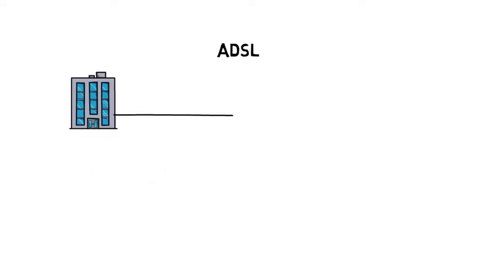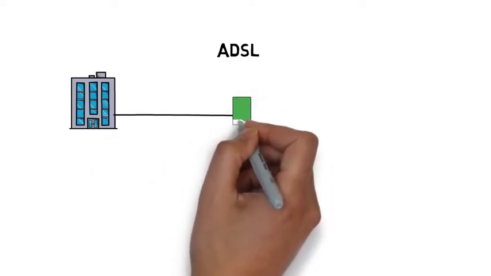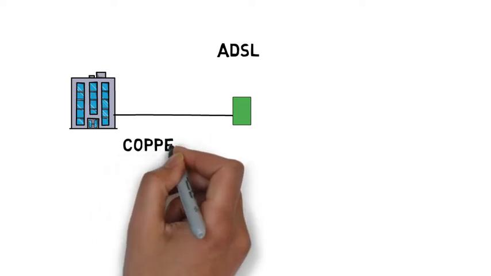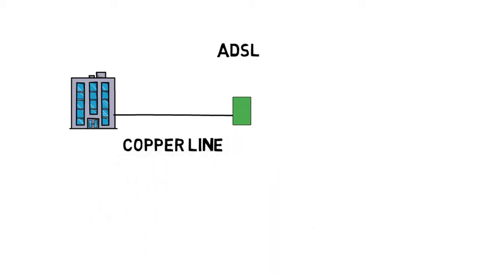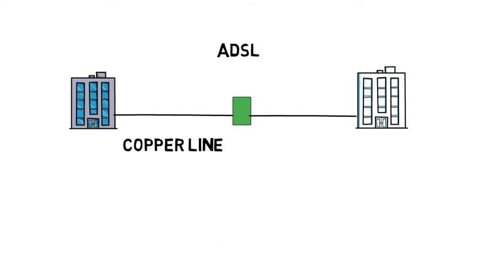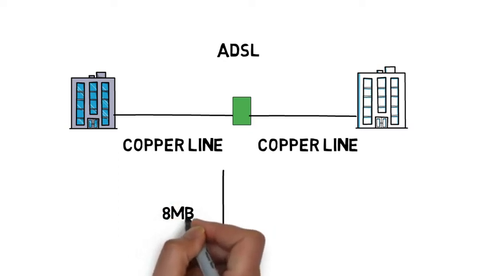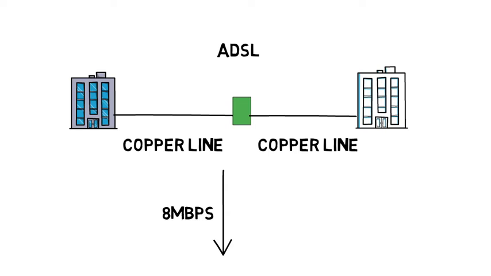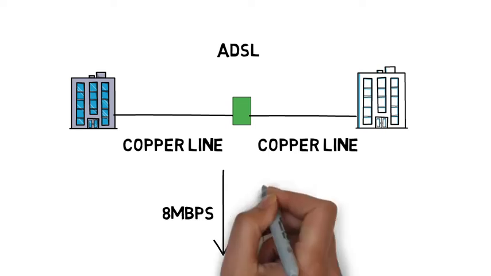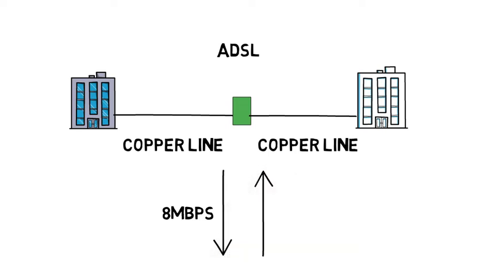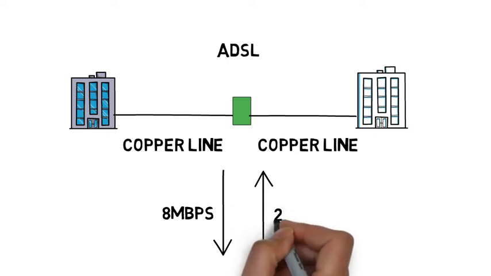Back in the 1990s, the first common broadband service was ADSL. This used a copper analog phone line between your office and the local BT street cabinet, and then more copper cables back to the BT exchange to carry your data signal. As data signals over a copper wire degrade significantly over distance, bandwidth was under 8 megabits per second downstream and 2 megabits per second upstream, and often much lower.